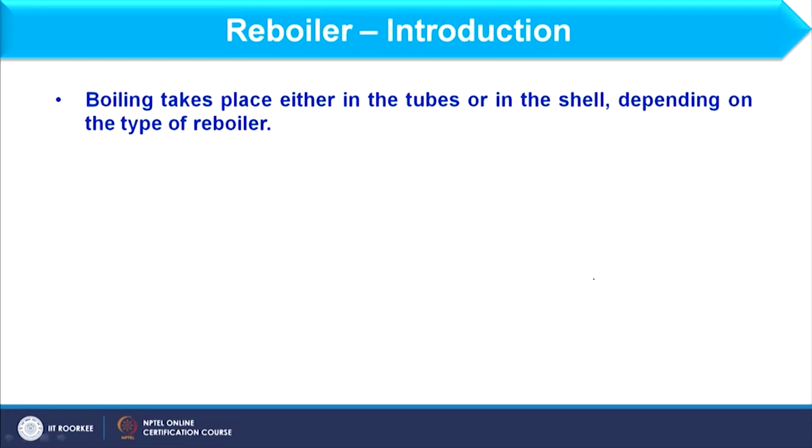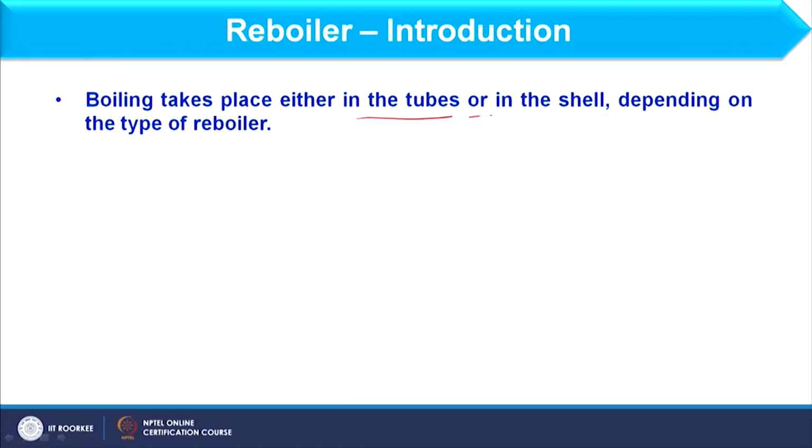So, when I am speaking about a reboiler, it basically involves a boiling mechanism, right, and because feed is continuously entering it, some portion of it is converted into vapor. So, the vapor-liquid mixture recycles back to the distillation column, and again feed is entering the reboiler.